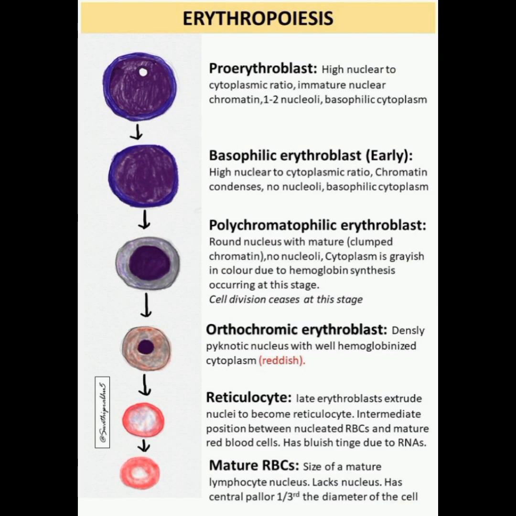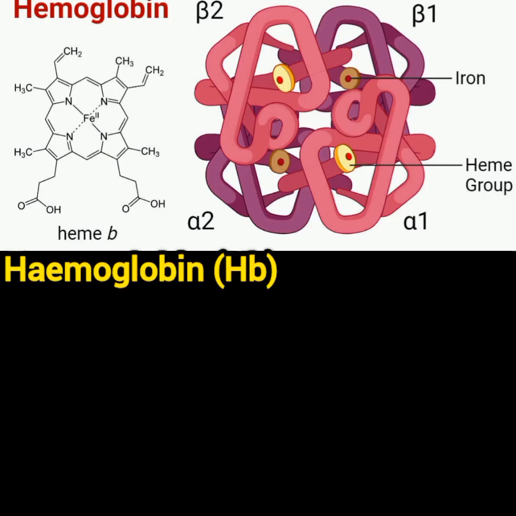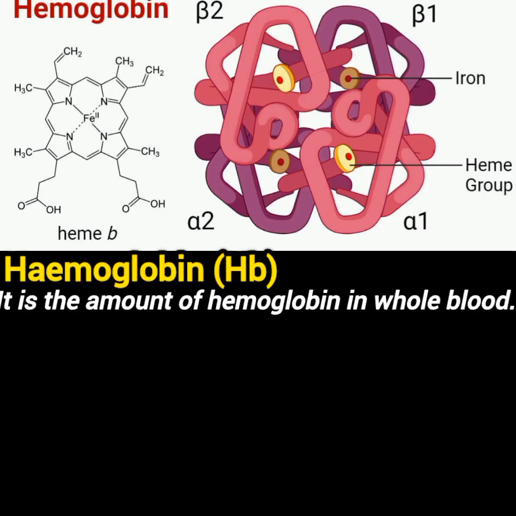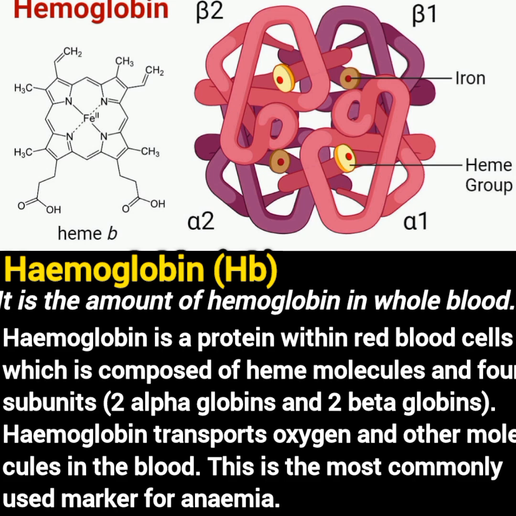The HB on the full blood count is the amount of hemoglobin in whole blood. Hemoglobin is a protein within red blood cells which is composed of heme molecules and 4 subunits, the 2 alpha globins and the 2 beta globins.